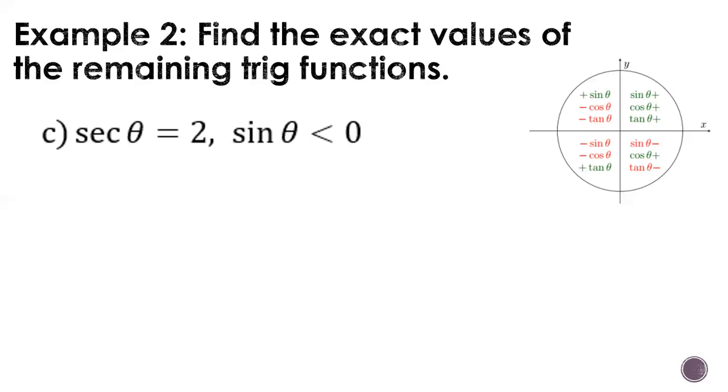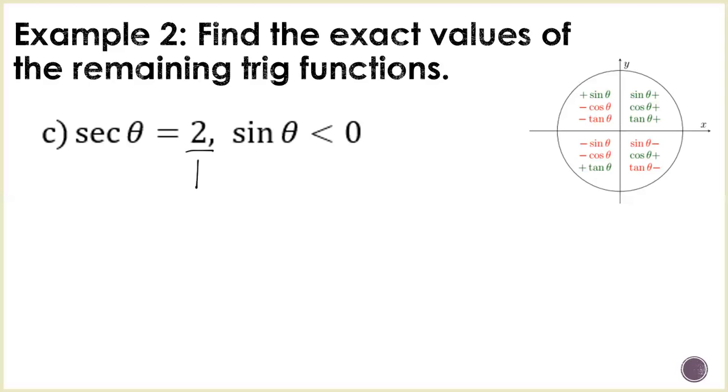So secant is a sister to cosine. Let me write this as a fraction. Secant is hypotenuse over adjacent. It says that the secant of theta is 2.